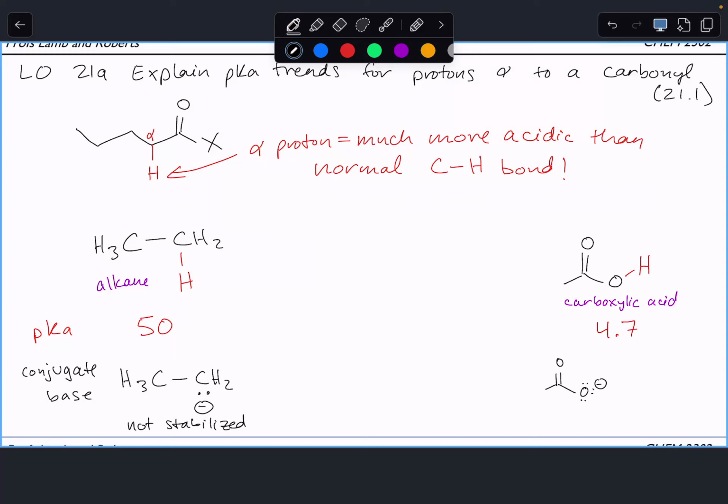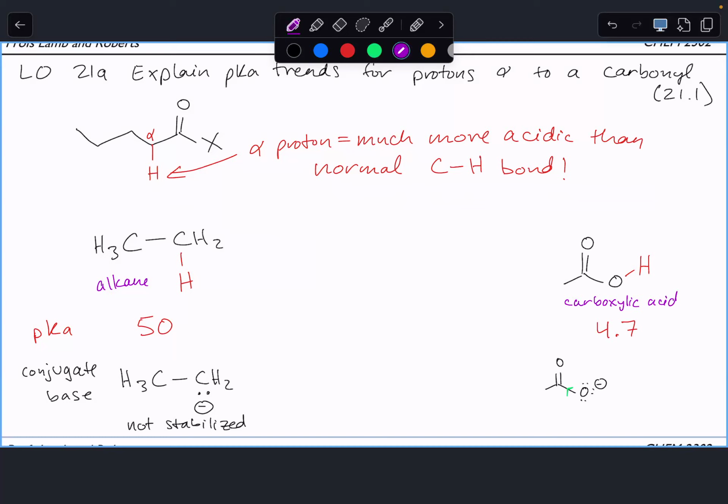First, negative charge is on oxygen, which is an electronegative atom, definitely happier than carbon. We also have the inductive effect, right? So that carbonyl is an electron withdrawing group. So through the bond, it's pulling electron density away, thus spreading it out and making it happier.